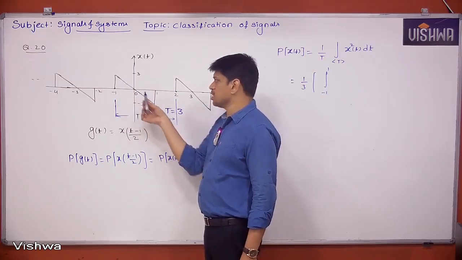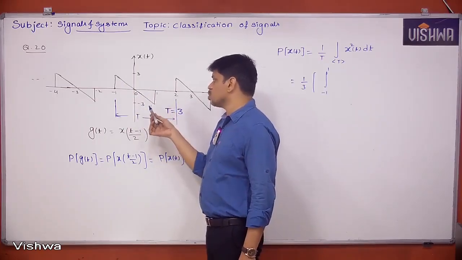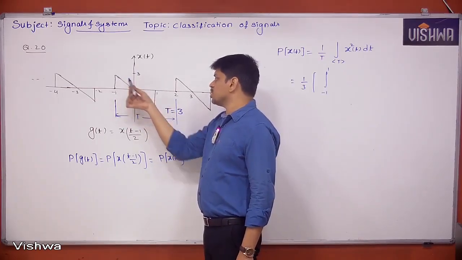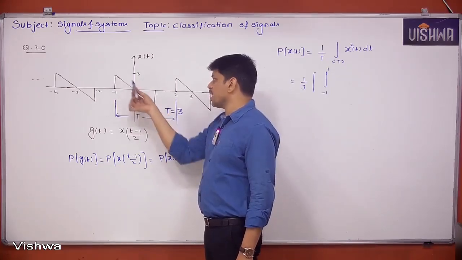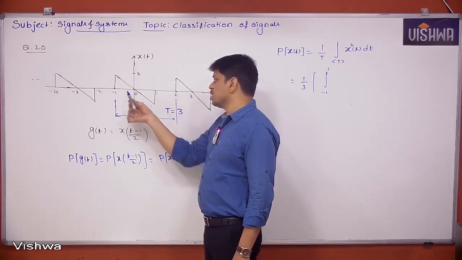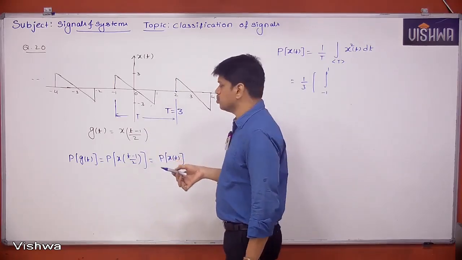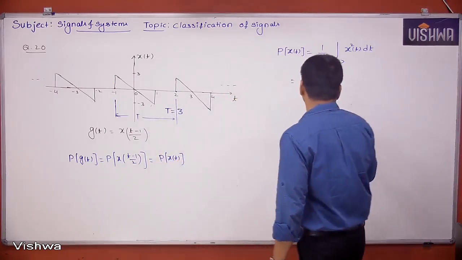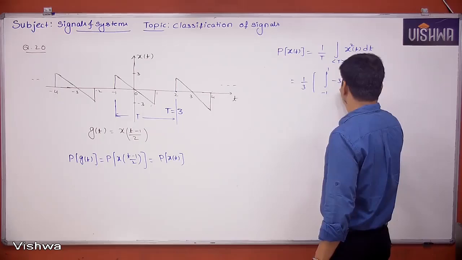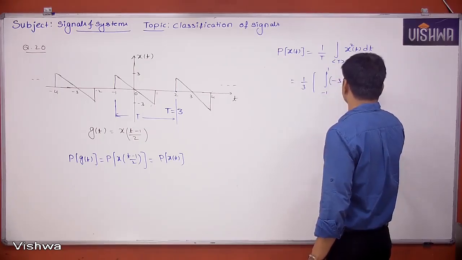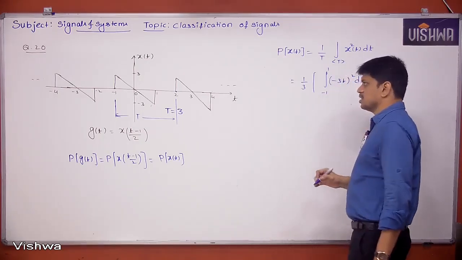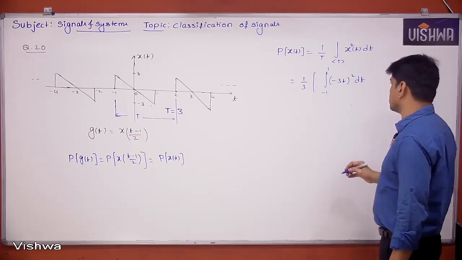We have to find the slope of the line, which changes from 3 to minus 3. That means the change in y is minus 6 units and the change in x is 2 units, so minus 6 by 2, which is minus 3. So minus 3t whole square dt is the expression for the signal x of t between minus 1 and plus 1.